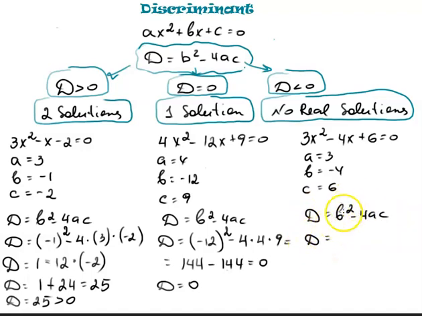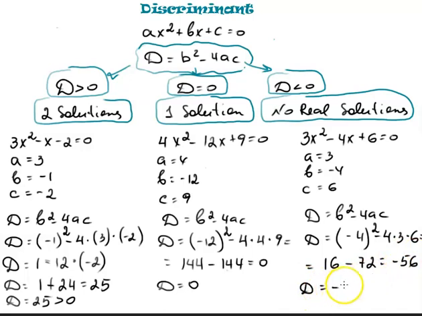Plugging in the numbers, it will be -4 squared minus 4 times 3 times 6. So -4 squared is 16, minus 12 times 6, which is 72, equals -56. The discriminant equals -56, which is less than 0. So this particular quadratic equation will have no real solutions.